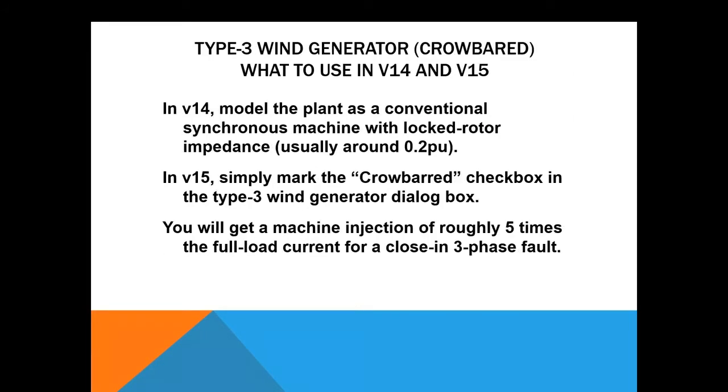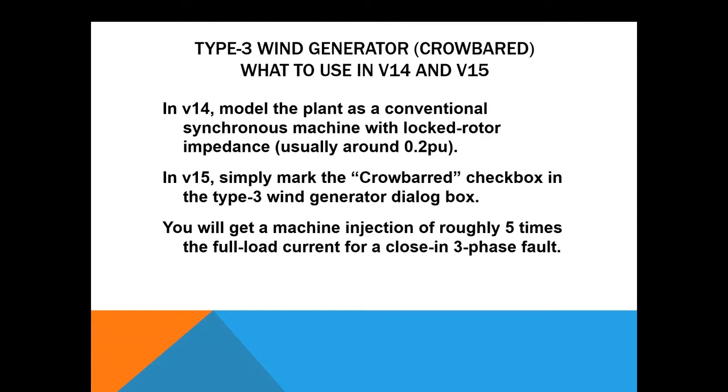Okay, then the Type 3 wind generator also has another special state called crowbar, and I think there's two R's in crowbar. Under crowbar, the machine basically shorts out all the rotor windings, thereby turning the rotating machine into a good old-fashioned induction generator.